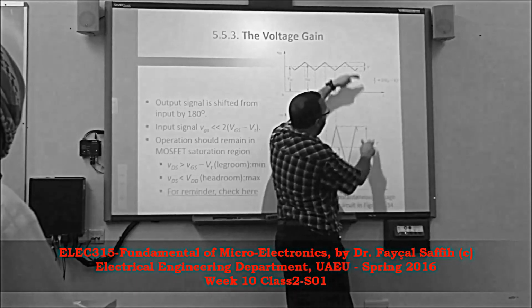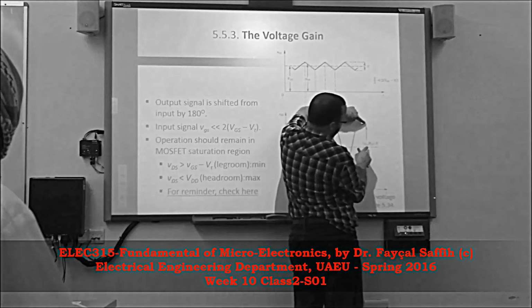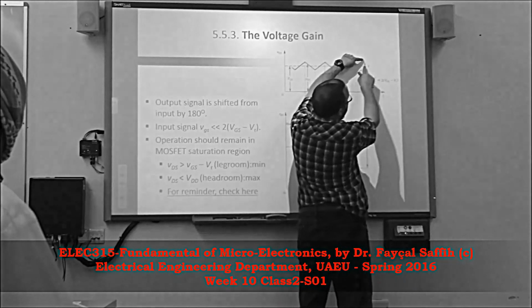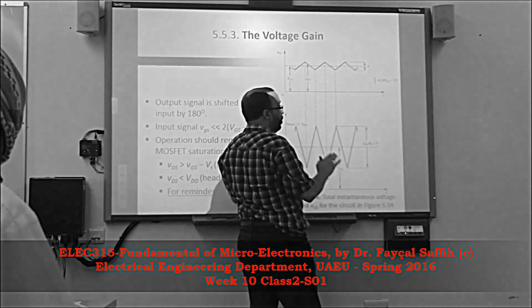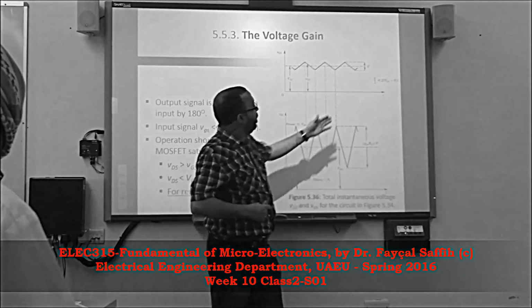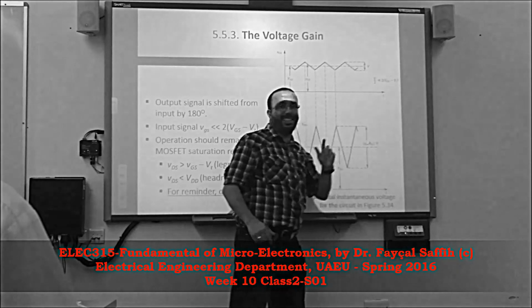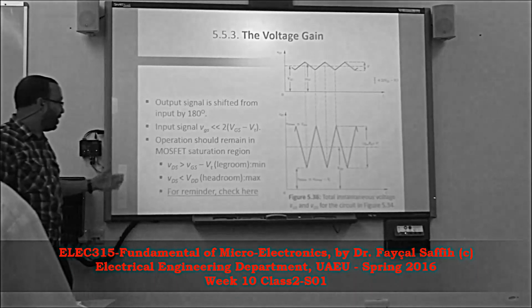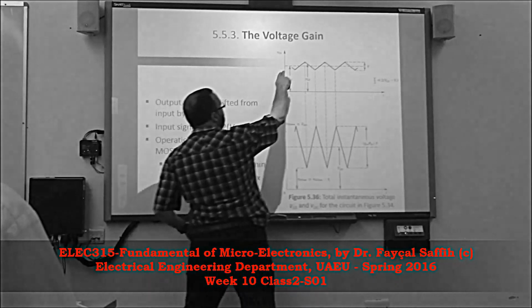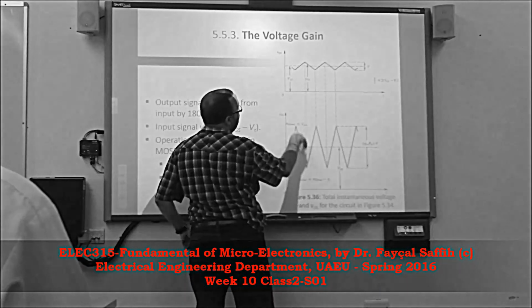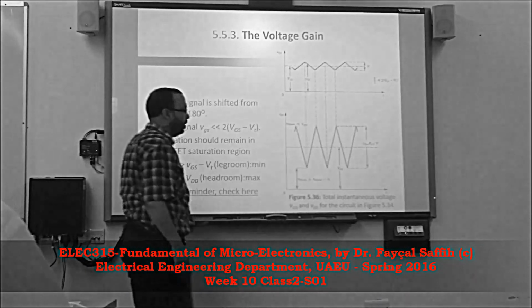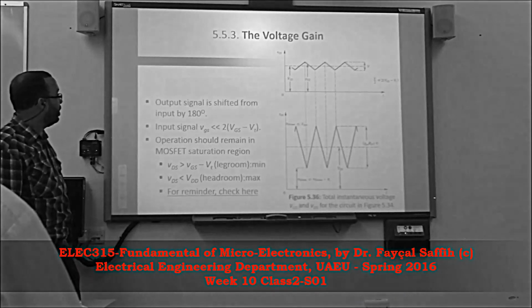You have to use the same comparison. So this voltage has to be multiplied by gm RD, the gain. And when this is going up, it will go down here, opposite of each other.